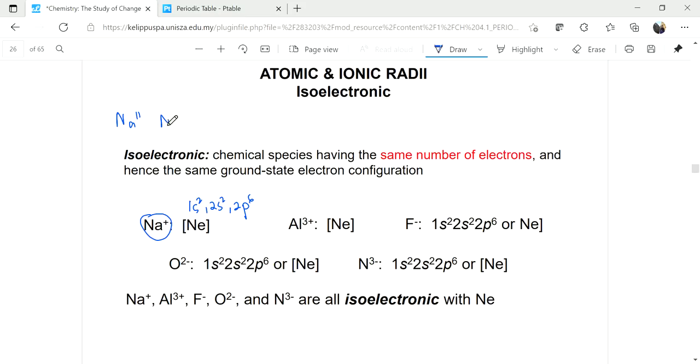To become sodium plus, we have to remove 1 electron.